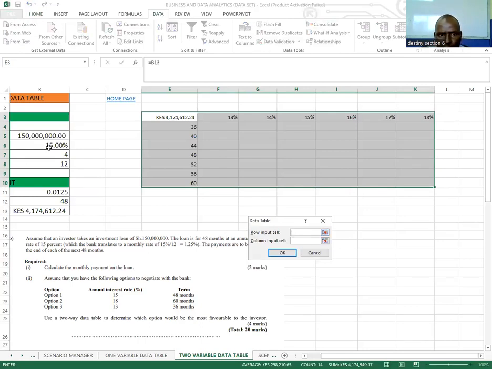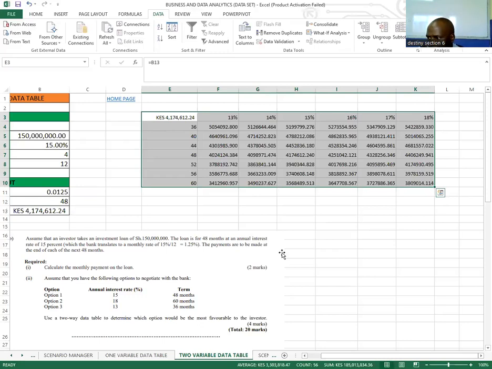So row should be what? It should be that rate. And then now the column input cells, it should be this one. Then I just click OK. Like that, okay? So tulikuwa tumeselect the wrong data. So now tuende kwa option.